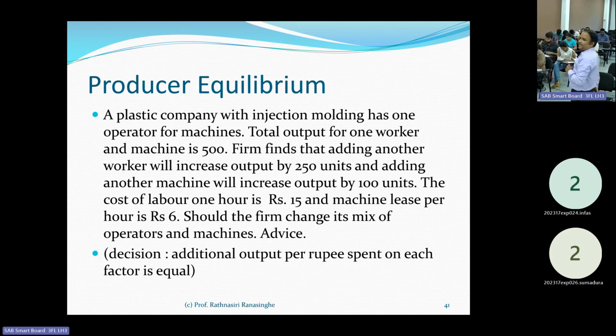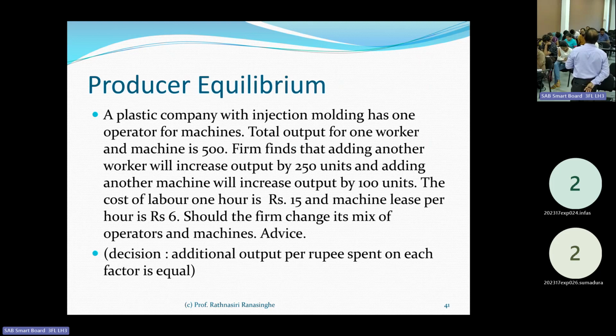The cost of one labor hour, the payment, is 50, and for a machine hour we pay 6. So that is the price of labor and the price of capital.